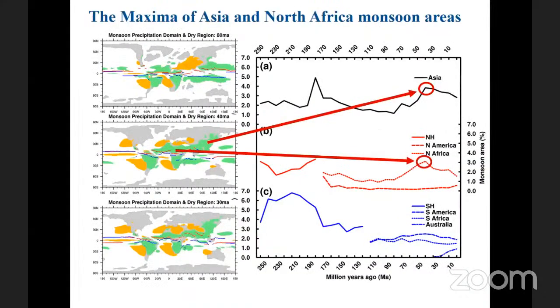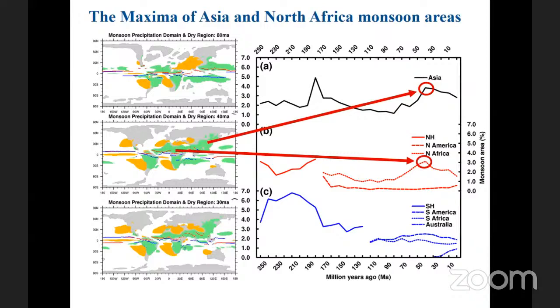Then the second peak for the Asian monsoon area is at 40 MA. We can also compare the three panels. One is 80, the middle one is 40 MA, the lower one is 30 MA. We can see at 40 MA, the Asian monsoon area is really large.